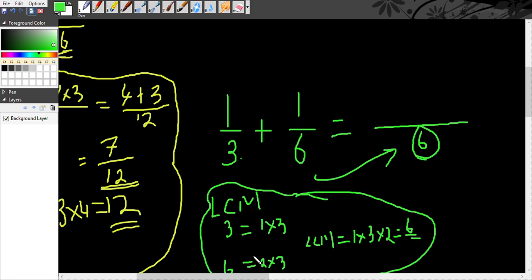What we have to do is go to the first fraction, look at the denominator, which is 3, and ask how many times does denominator 3 go into 6. So 3 can actually go into 6 2 times, so 6 divided by 3 gives us 2.